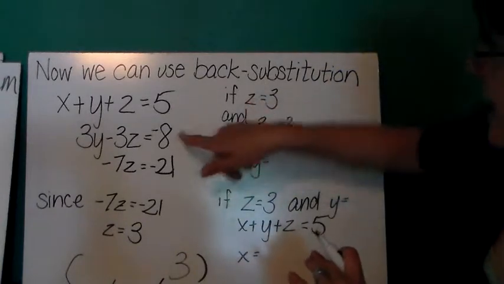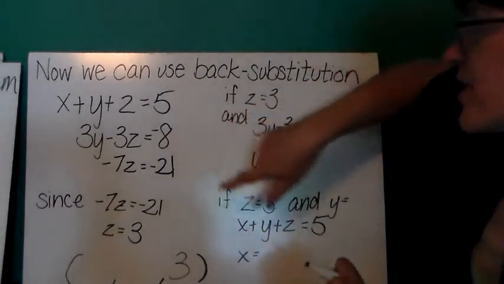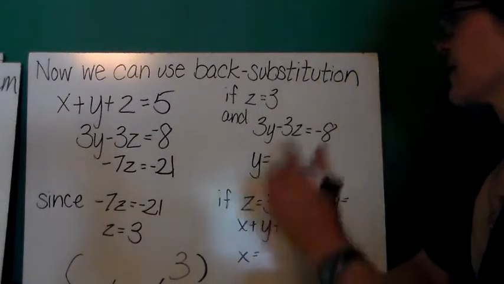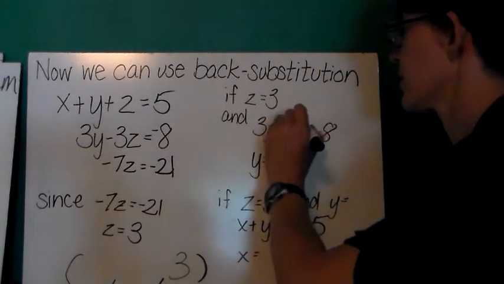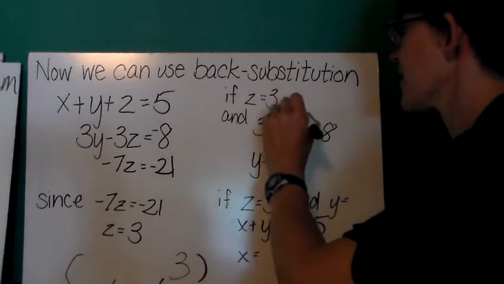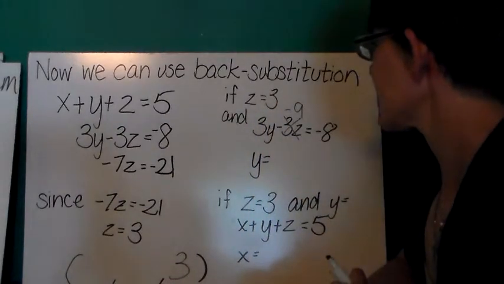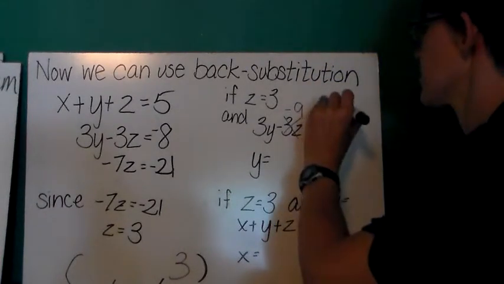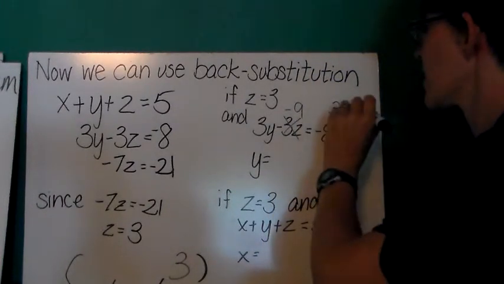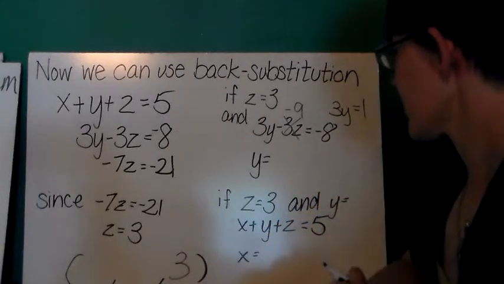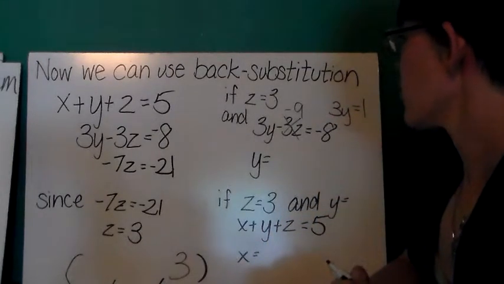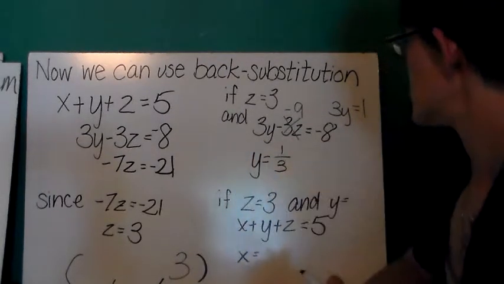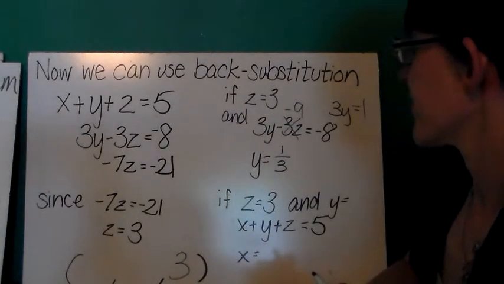If z equals 3, I can go back to my 2nd equation now. 3y minus 3z equals negative 8. And so this would be 3y minus 9 equals negative 8. So that means that 3y equals 1, and so y equals 1/3.